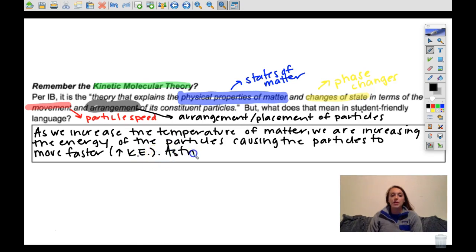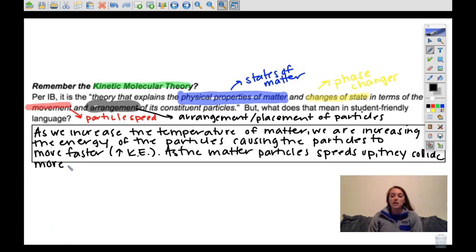And as the particles, or as the matter, speeds up, they will collide more. And that actually relates to the collision theory, which we'll go over when we talk about reaction rates in our chemical reactions unit.